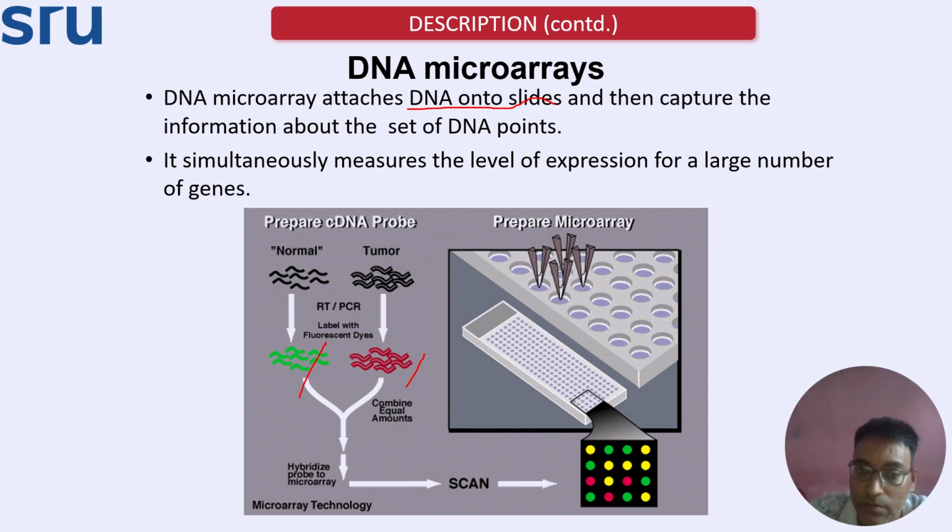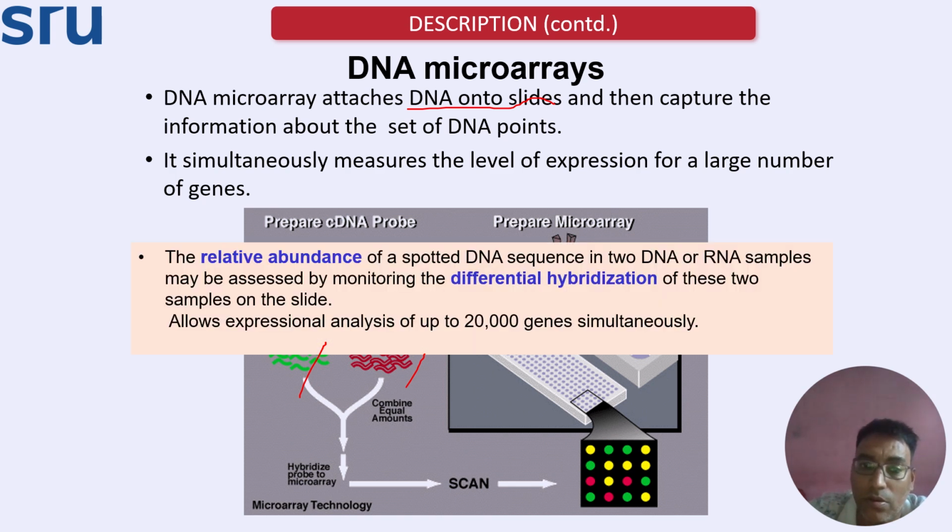Then I am able to analyze this data as a heat map in the computer. So the relative abundance of spotted DNA sequence in the two DNA or RNA samples can be assessed by monitoring the differential hybridization of these two samples on the slide.